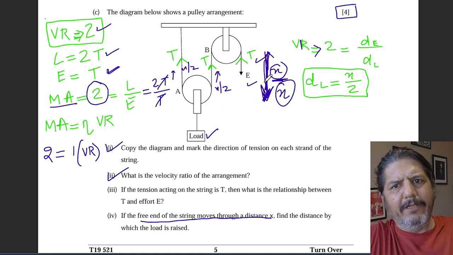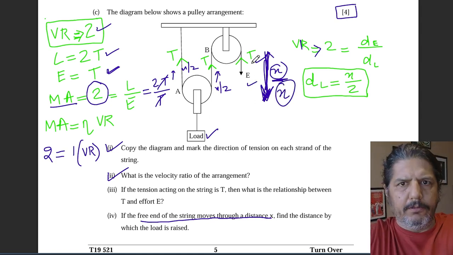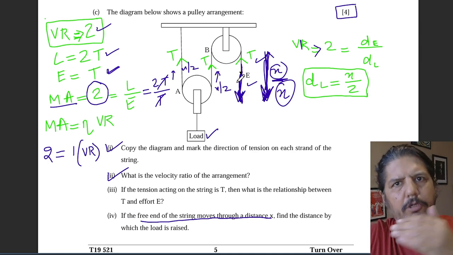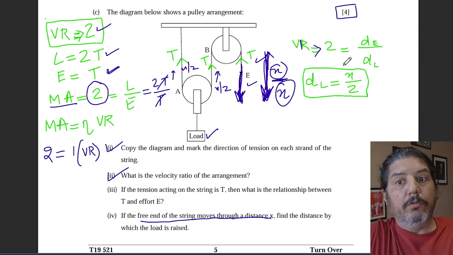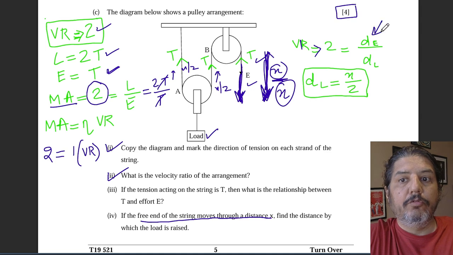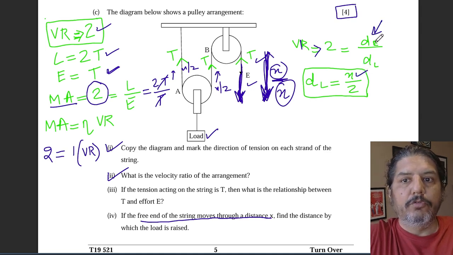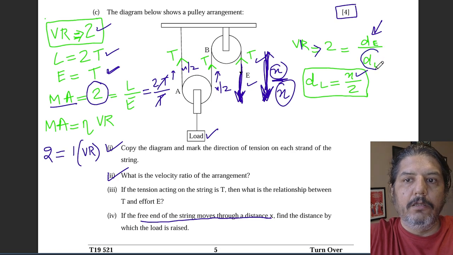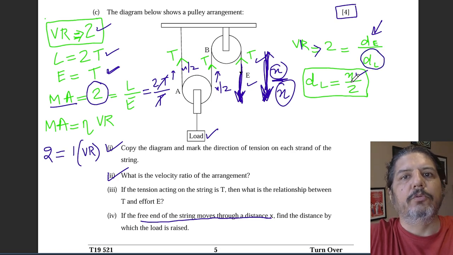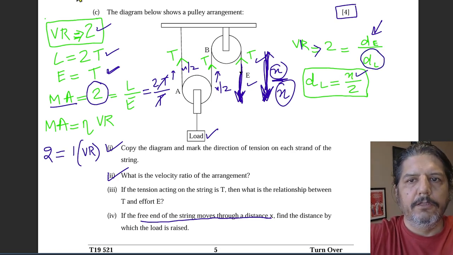So when the load is raised, this has to go down by x. So dE, the distance moved by the effort, is x. So dL would be equal to x by 2. So I hope this is making sense.